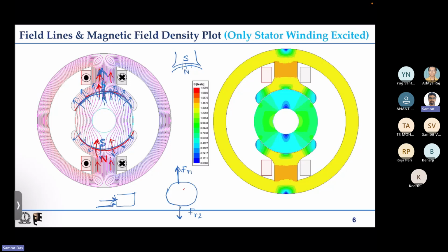So that is what we mean by rigid body. So if we assume the rotor as a rigid body, that is the magnetic forces do not deform the rotor, then there will be no displacement and no effect of this radial force.